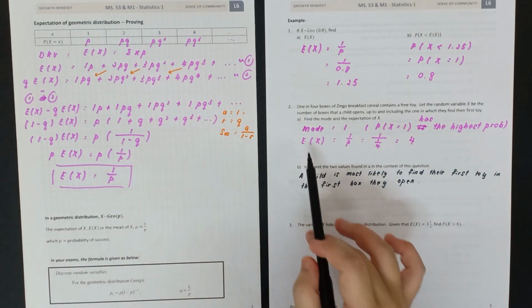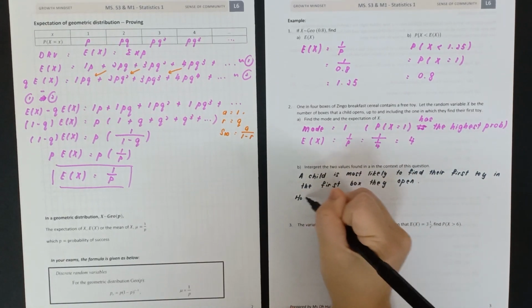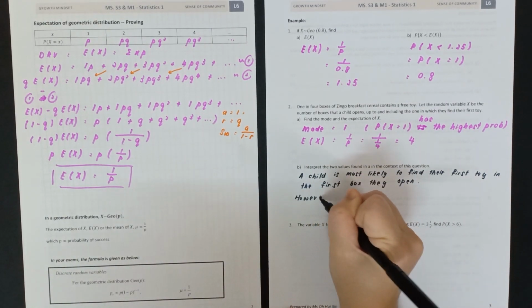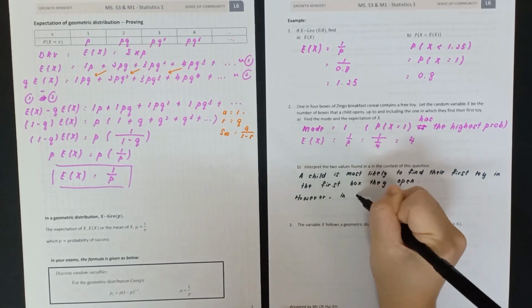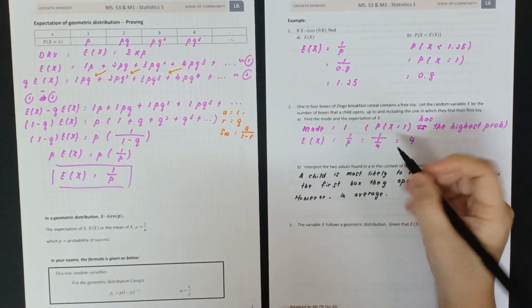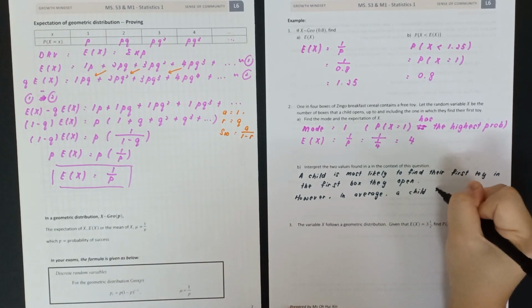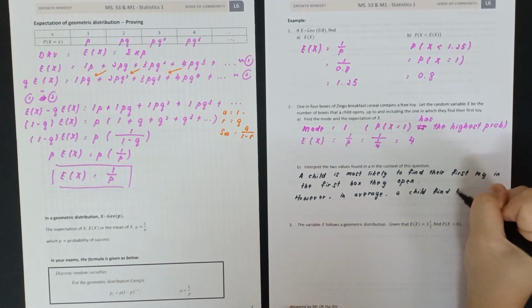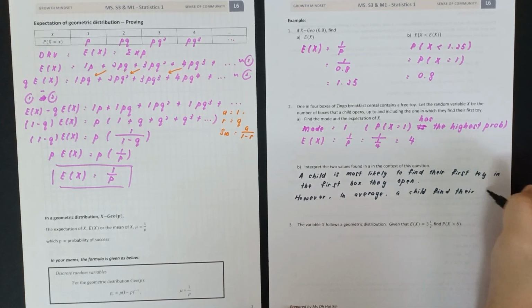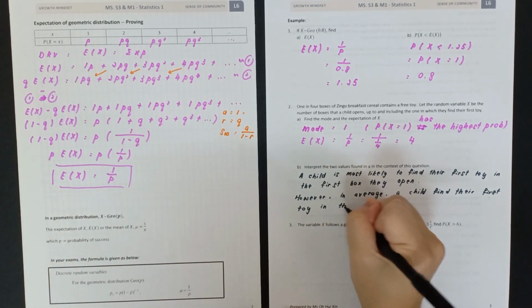Okay, so how about E(X)? E(X) is the mean, right? The mean tells us about the average. So on average, a child finds their first toy in the 4th box they open.